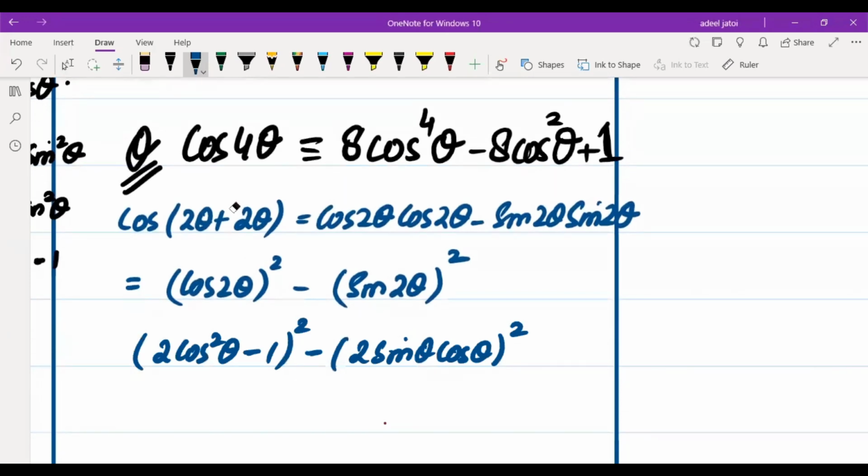Because sin 2 theta is 2 sin theta cos theta and cos 2 theta is 2 cos square theta minus 1. Why did I do this? Because the identity is in cos, so we need the required answer in cos.